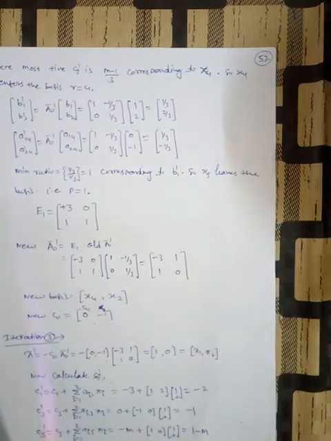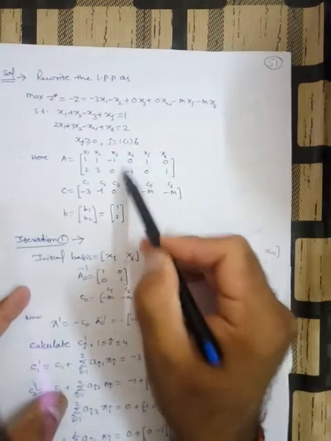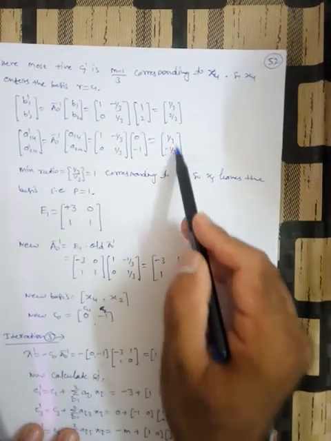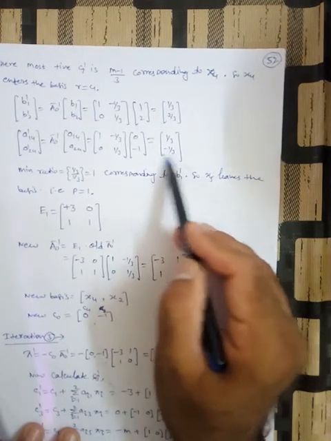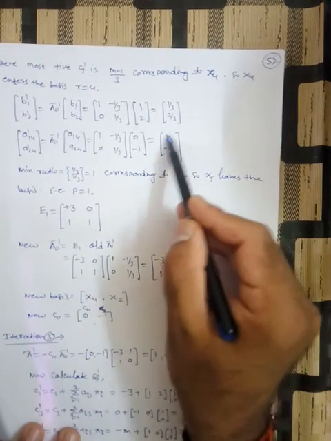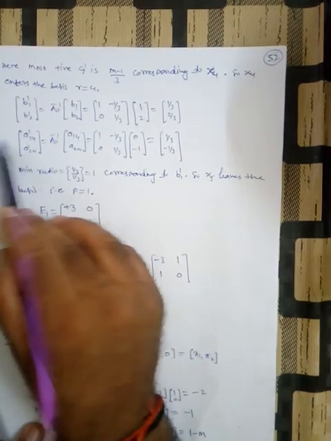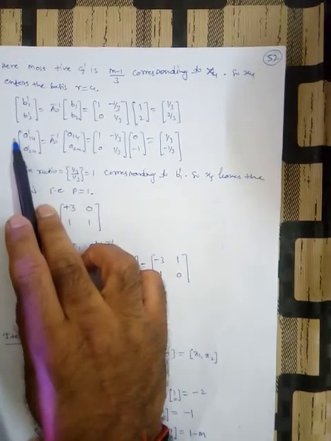The fourth column is obviously 0, -1, so 0, -1. So multiply, you get 1/3, -1/3. Now here among these two this quantity is negative, so we will not take the ratio from this, so we have only one quantity. That's why this variable corresponding to the first quantity will leave the basis.